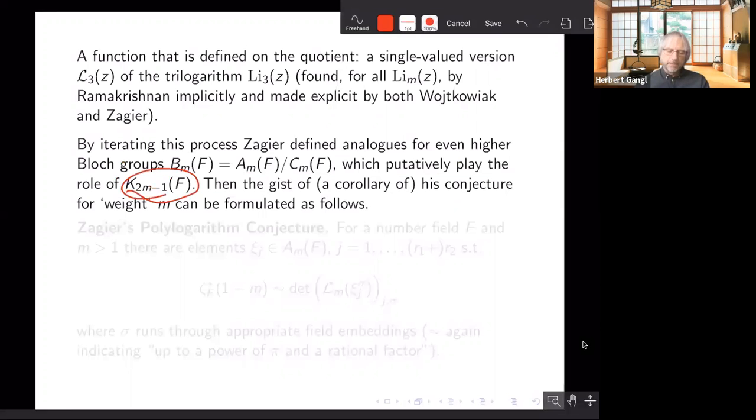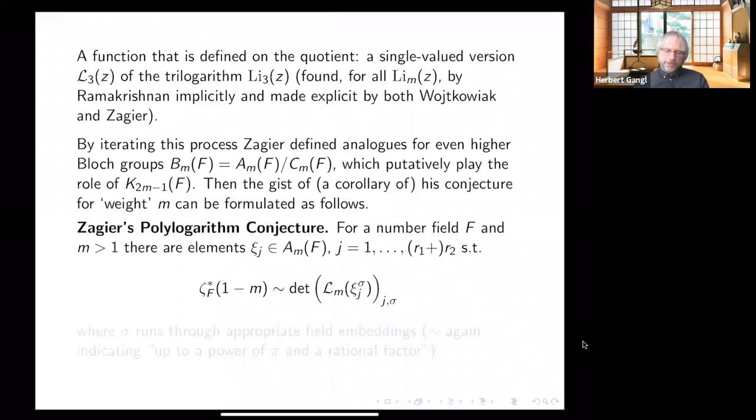Actually, this is a corollary of this. Once you have the two matched by his original conjecture, then the polylog conjecture ensues.